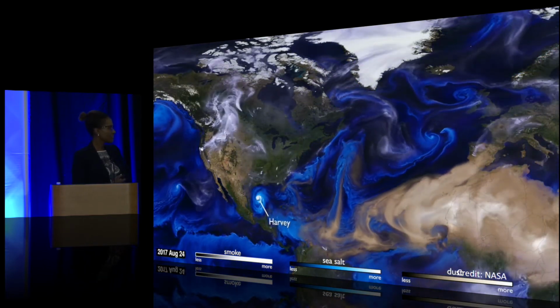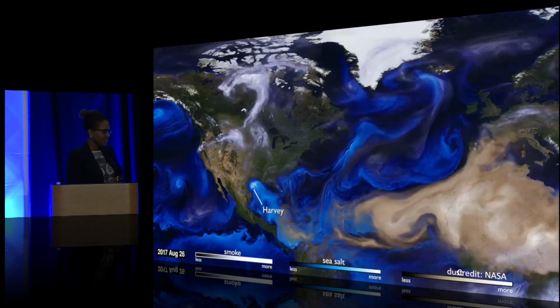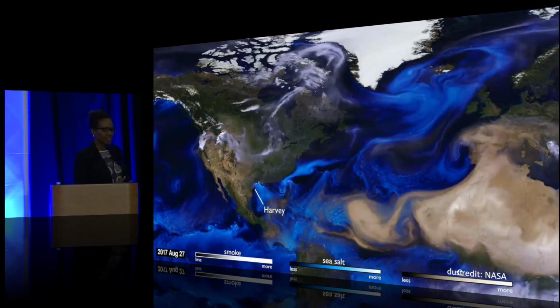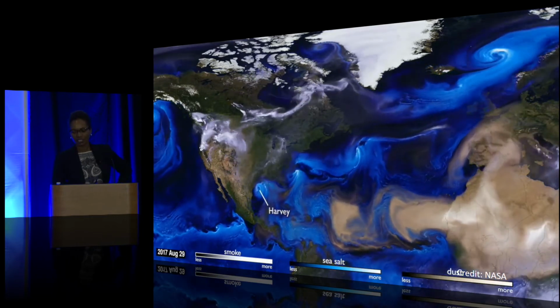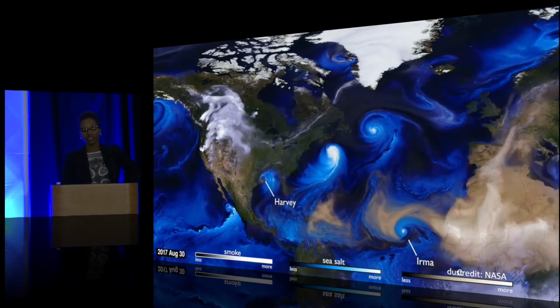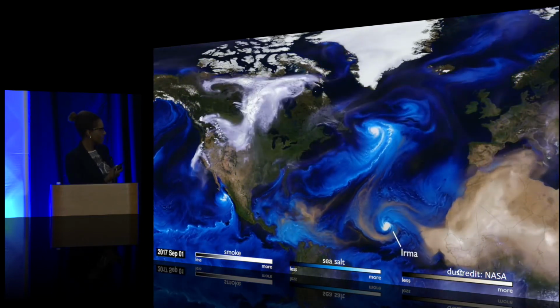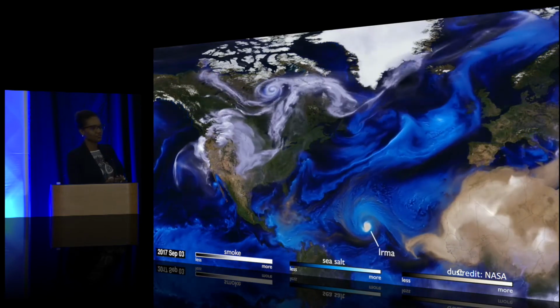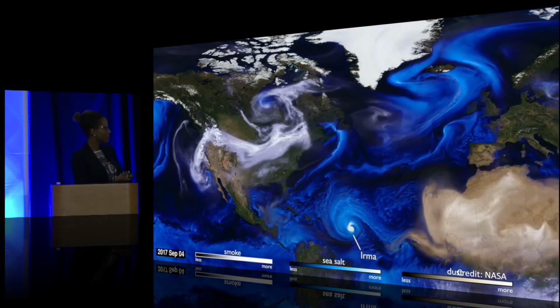And as we know, in 2017, Harvey, Irma, and Maria all made landfall in the US and resulted in catastrophic damage, not only to human infrastructure, but also to coastal ecosystems such as mangroves.